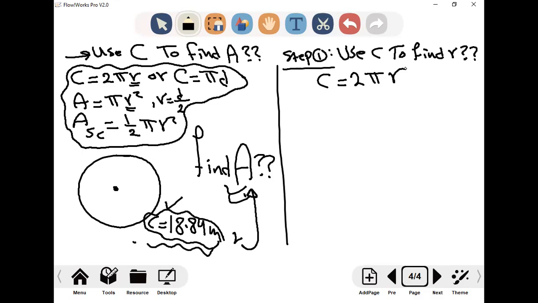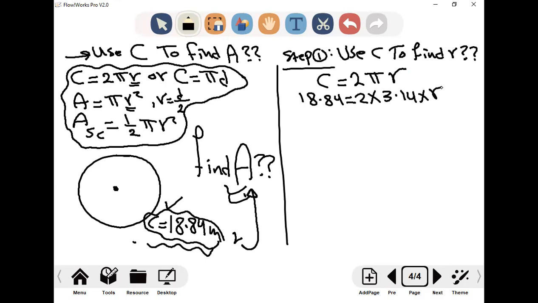The circumference is given. How much? 18.84 equals 2 pi r.